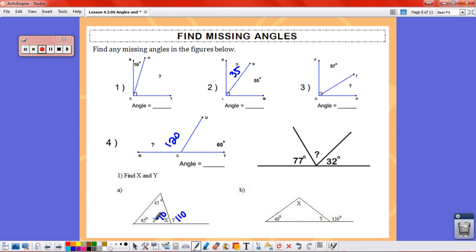They make 180 together. Also, 65 and 45 makes 110. That's an exterior angle. Okay, here we have 130 and Y are supplementary, so I need 50 more. 50 plus 130 makes 180. 50 and 40 is 90, so this one has to be 90. 90 plus 90 is 180.